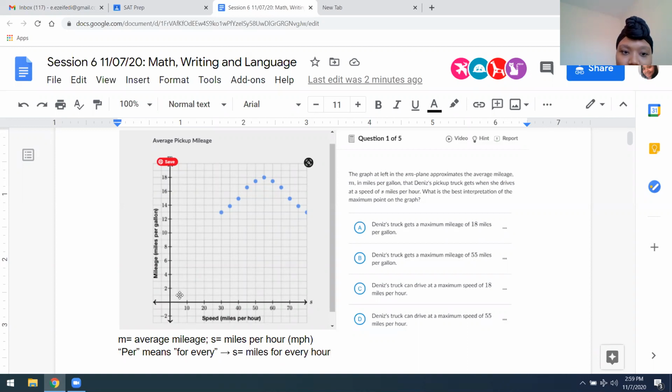I'm going to try to think of how to pose this question. I have a question for anyone who would want to answer. You can unmute yourself or put it in the chat. So as speed increases, what does the mileage do?